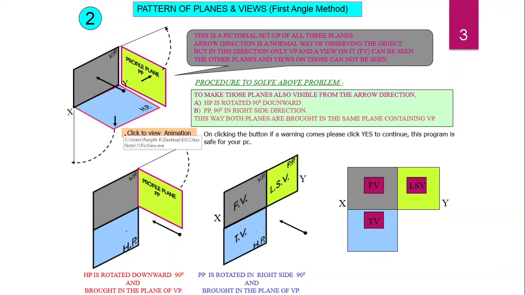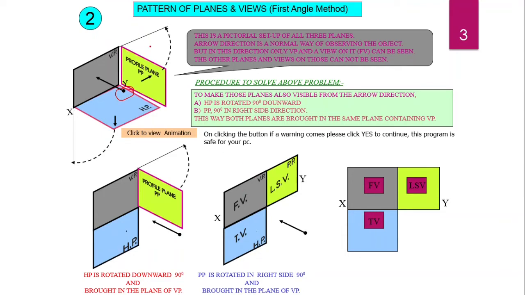First angle projection means that the object, or this point, is resting in the first quadrant. And we can unfold these mutually perpendicular planes and make that three-dimensional view into a two-dimensional view or a plane view.